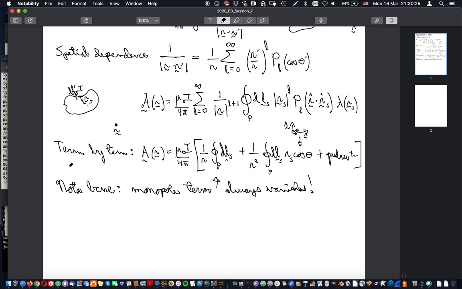So that means that the first term is the dipole term, and so let me just write it down. So it's the first non-vanishing term in general.